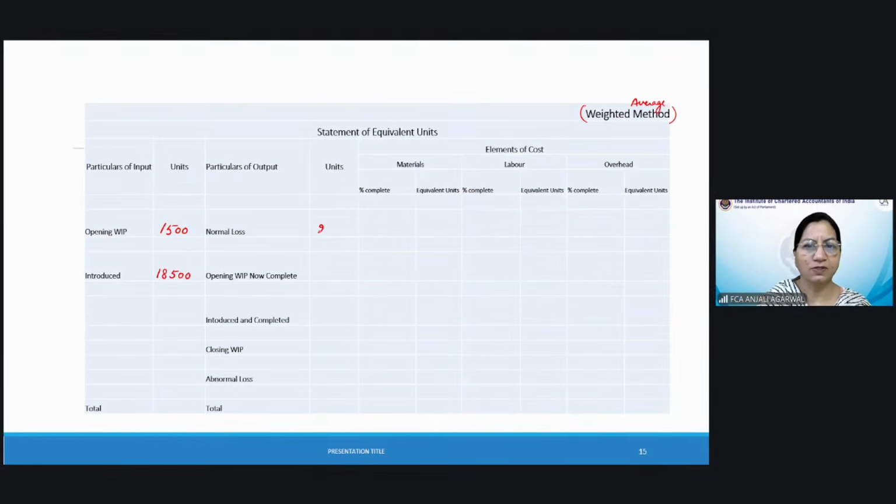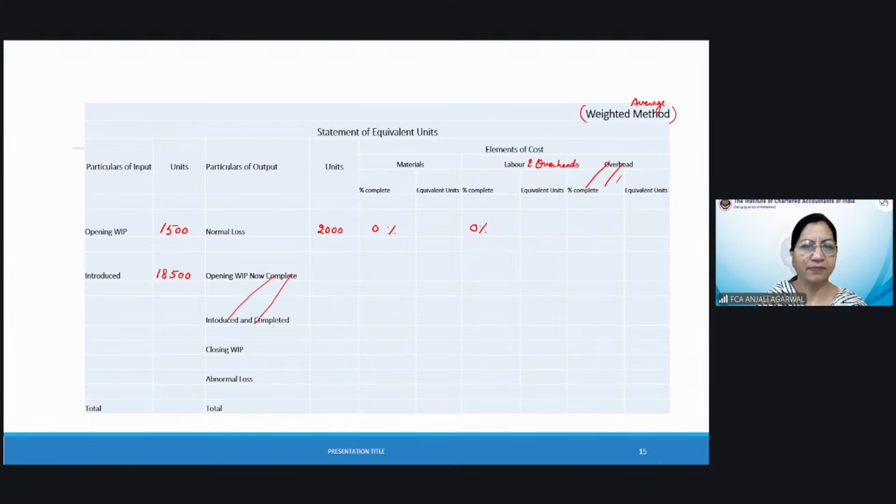So normal loss is 2,000. Normal loss we have said is always assumed to be, I will combine the material, labor and overheads here as the percentage completion is same for both labor and overheads, and it will be 0% complete as far as labor and overheads is concerned.